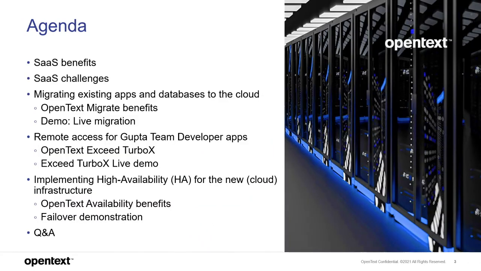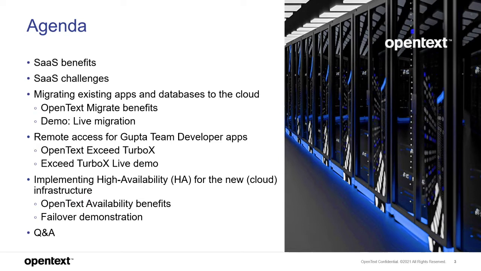And here is the agenda for today's webinar. We will go through the SaaS benefits and also the challenges of implementing a SaaS solution. We will see how you can migrate existing apps and databases to the cloud. We will give you an overview of the OpenText Migrate benefits. We will give you a live migration demonstration.